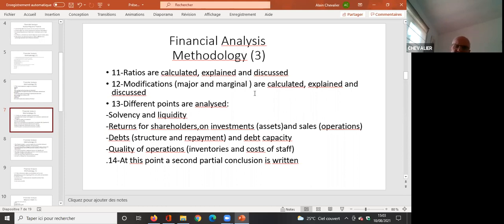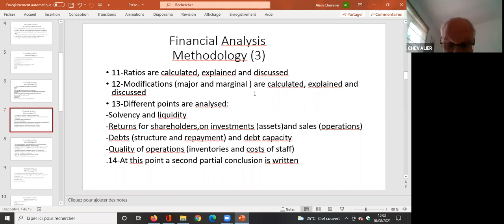So at this point, you have introduced other measures, criteria, questions. And as you see in point 14, you are able to have a second partial conclusion. And all these partial conclusions should be written. It's not something you just present in a few words in one of the board meetings or conferences.